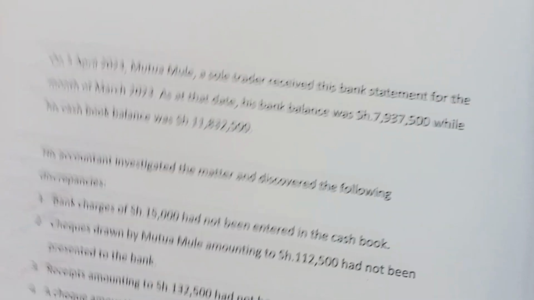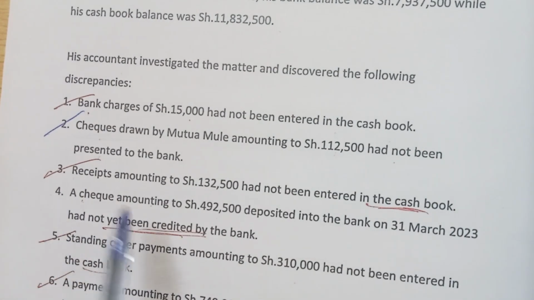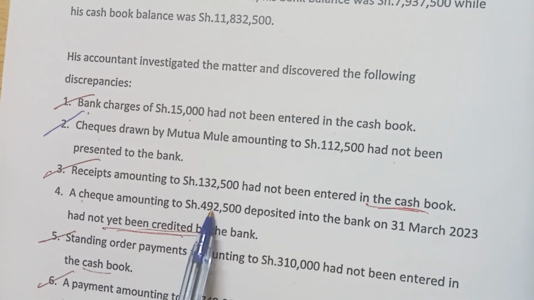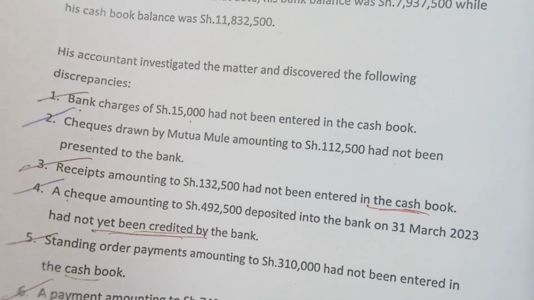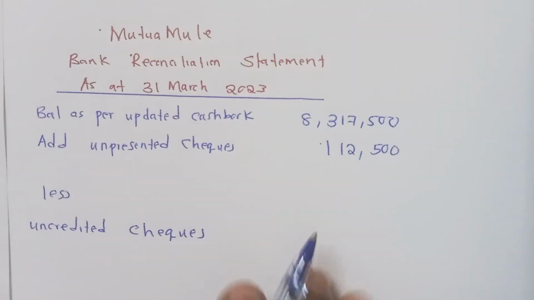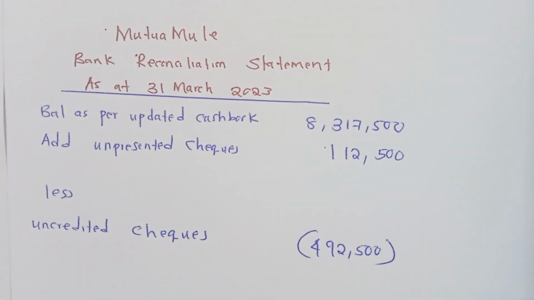In our question, the uncredited check is item number 4: a check amounting to 492,500 deposited into the bank on 1st March 2023 had not yet been credited by the bank. So we deduct 492,500 shillings.